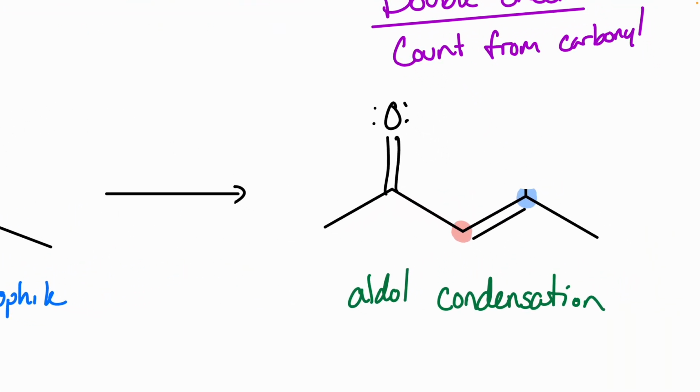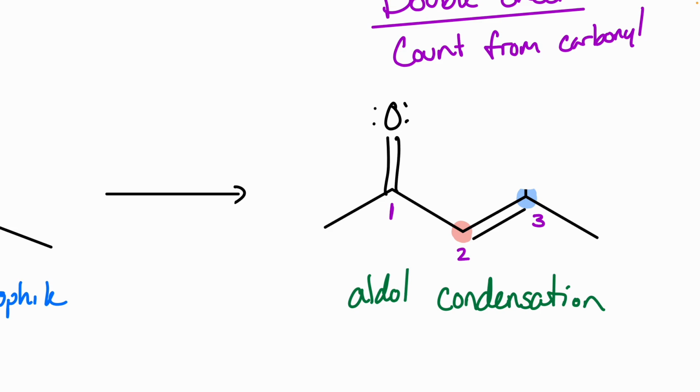What I mean by that is starting at that carbonyl carbon, I'm going to count 1, 2, 3. And where is that new bond going to be located between carbons what and what? Between carbons 2 and 3, all right? And that is always going to be the case for these aldol addition and condensation products.